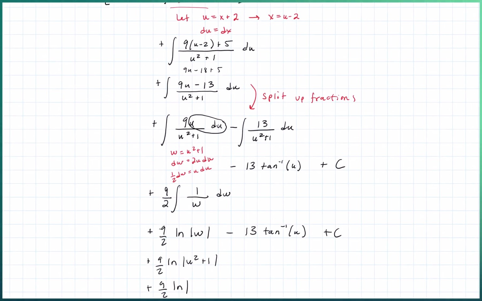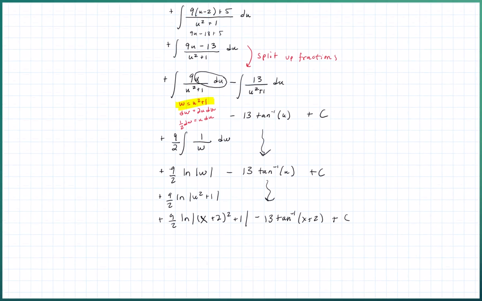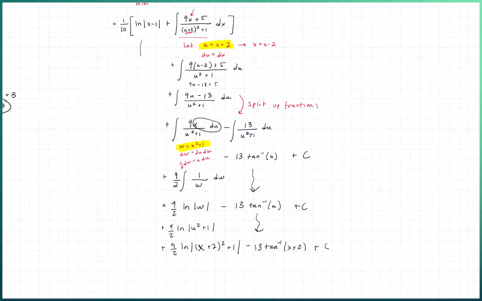So working our way backwards, I'm going to write that in: x plus 2 squared plus 1. We need that here as well, so minus 13 inverse tangent of x plus 2. I think I wrote x squared plus 2, but it was just x. U was just x plus 2. I'm trying to go too fast here. Plus c.